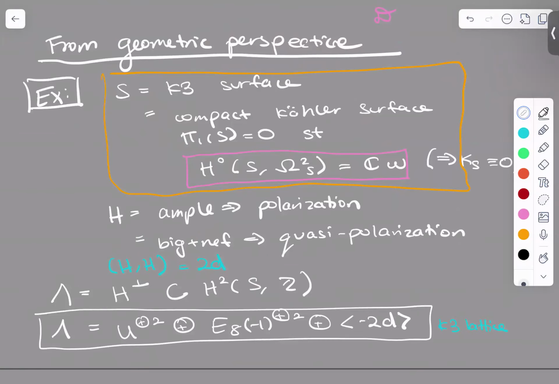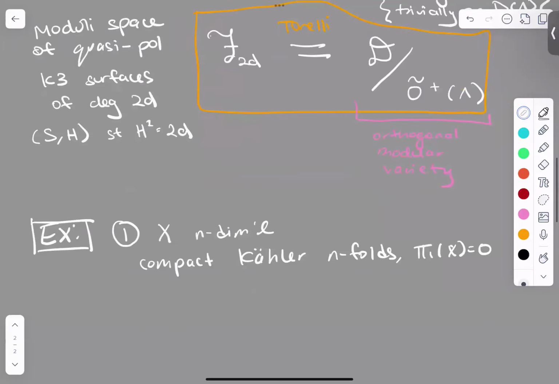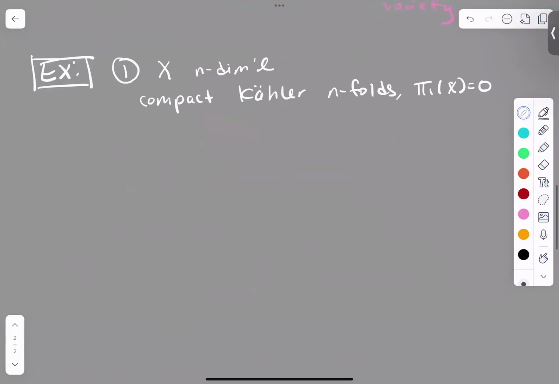And so the only mysterious condition we want to generalize is this part in the pink box inside the orange box. This condition about the space of global sections of two forms being generated by a single non-degenerate form, right? And your first idea might be that we should say that the space of global sections on my n-fold, now of n forms, should be generated by a single non-degenerate form.